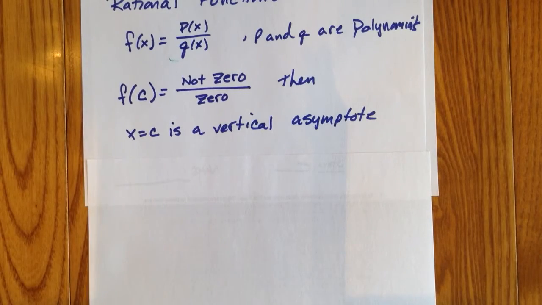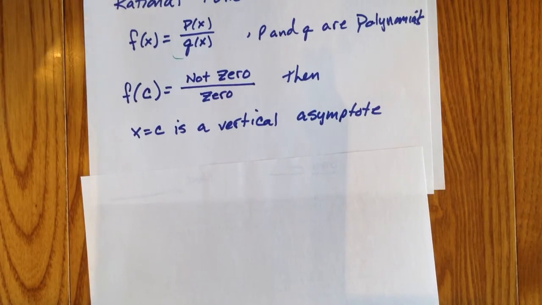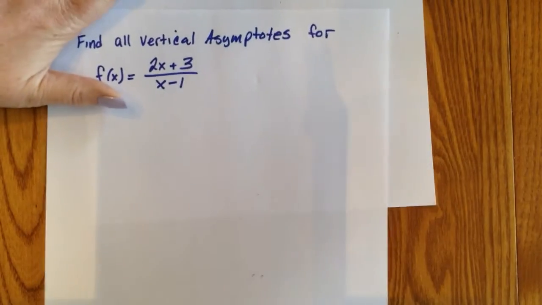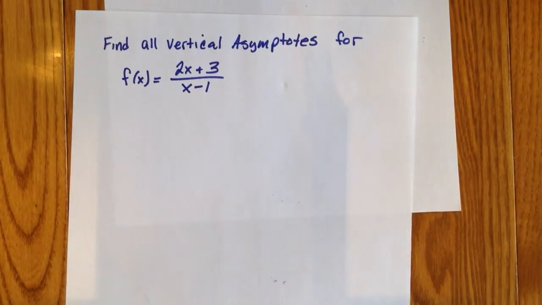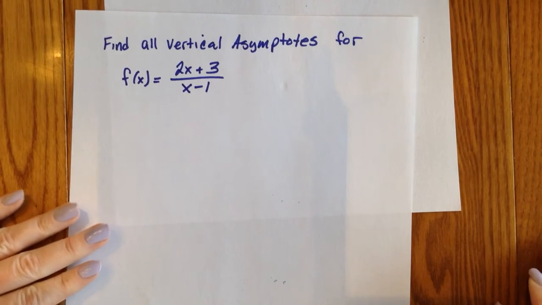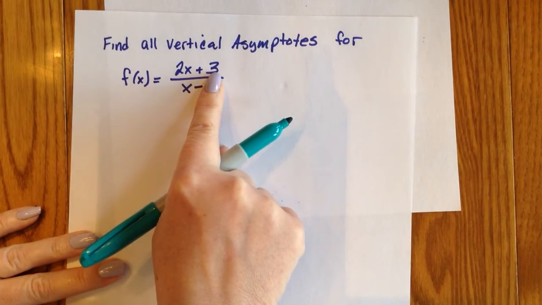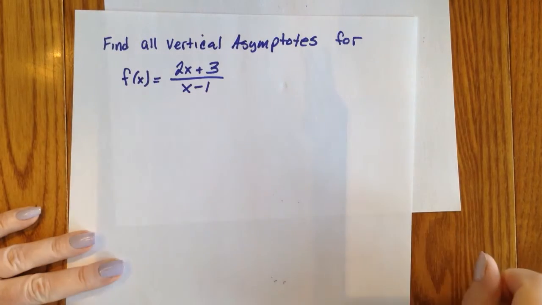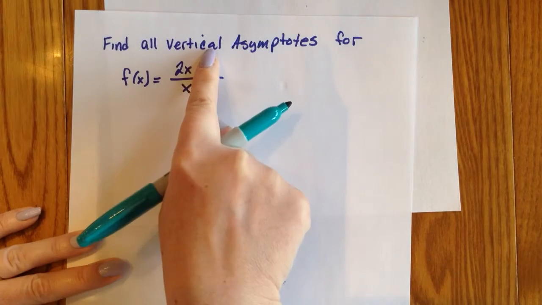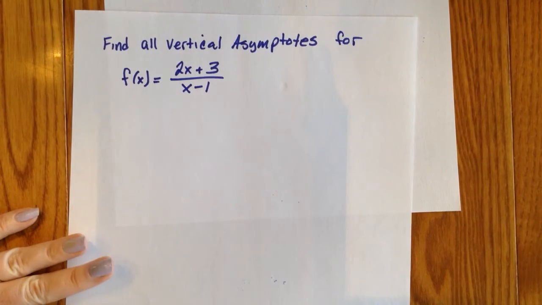All right, so let's look at an example or two. Here's our first example. Find all the vertical asymptotes for this function. It is a rational function. We have a polynomial in the top and a polynomial in the bottom. I want to know when this graph is broken in a very specific way, not 0 over 0.